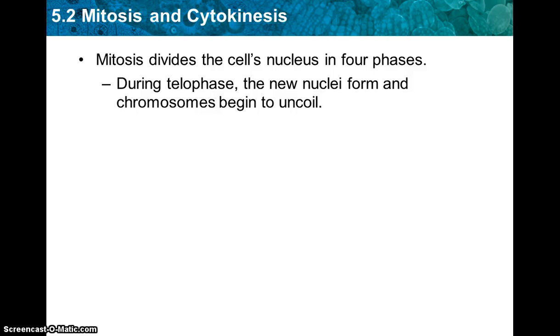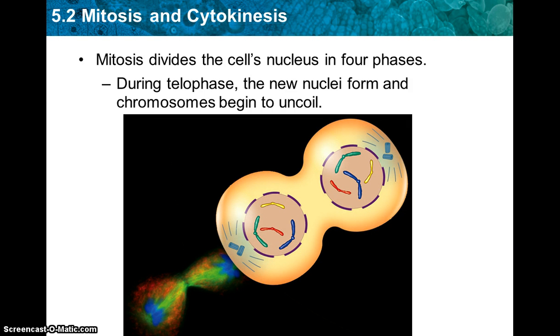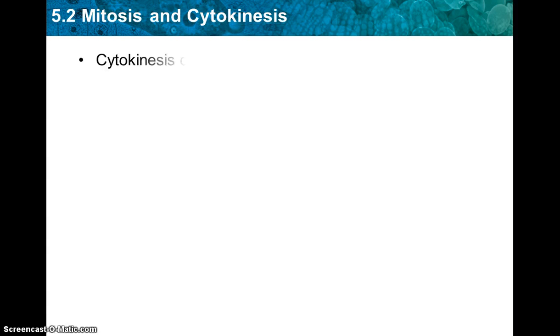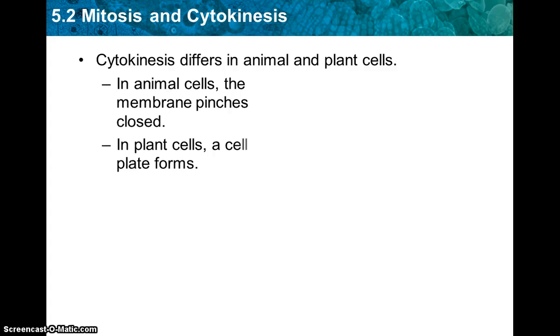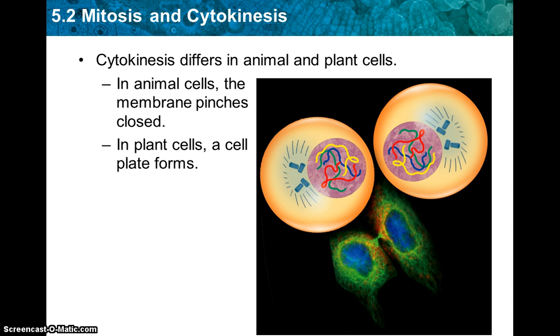In telophase, the nuclei form and chromosomes begin to uncoil. And lastly, in cytokinesis, the membranes start to pinch in animal cells, and a plate forms in plant cells because they have the cell wall, which keeps it all together.